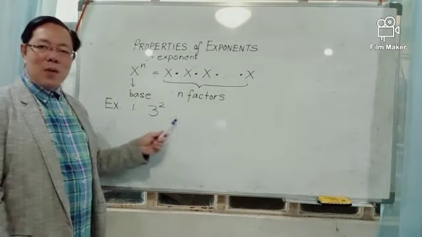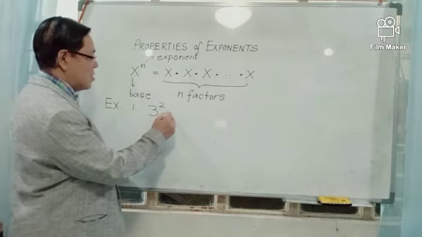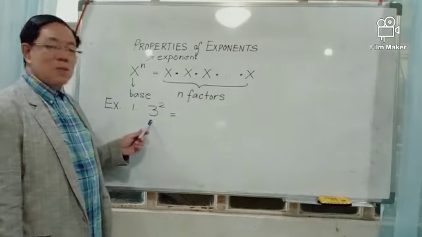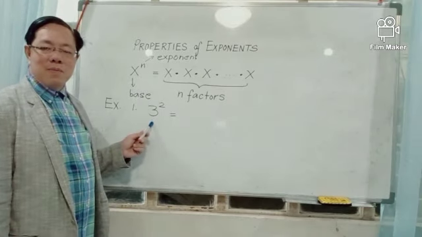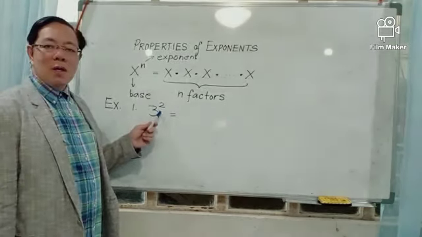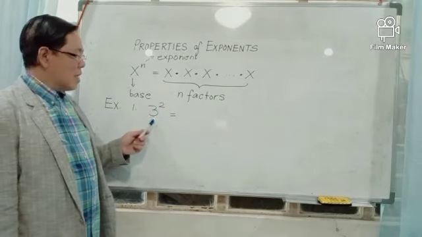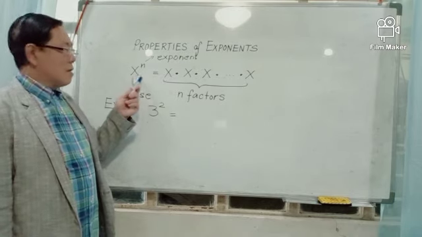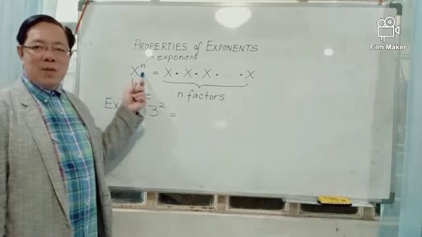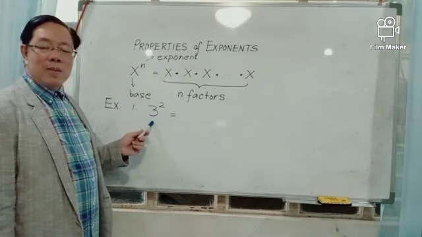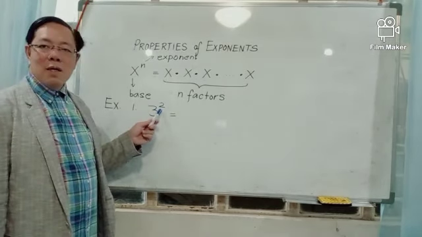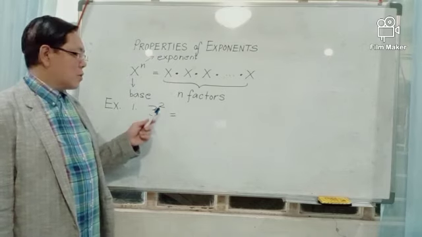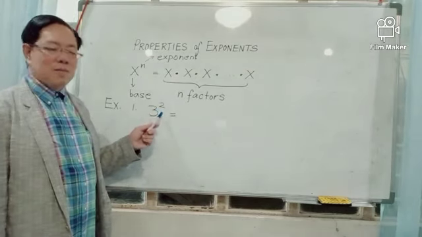And if you want to expand this exponential notation, 3 to the power 2 means that you multiply the base 3 by itself 2 times. So the number of times that you will multiply the base is equal to the exponent of the base.